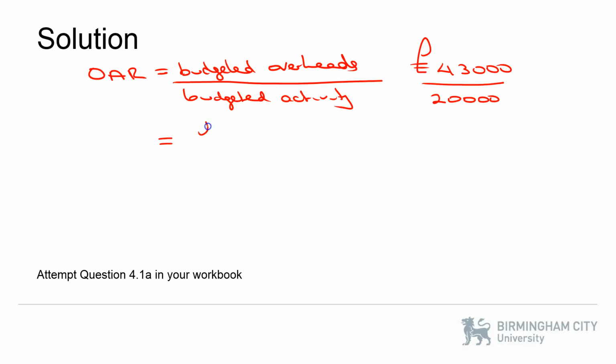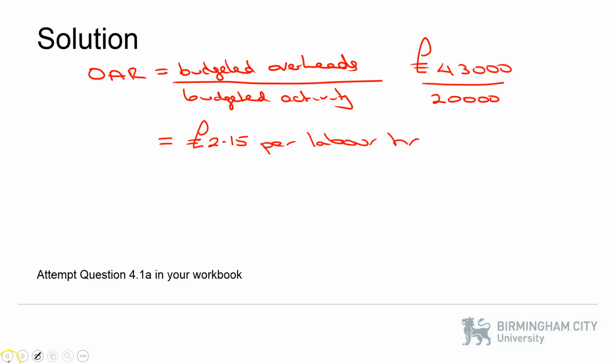So that comes out to £2.15 per labour hour. So that is telling us that our overheads are £2.15 for every labour hour worked.